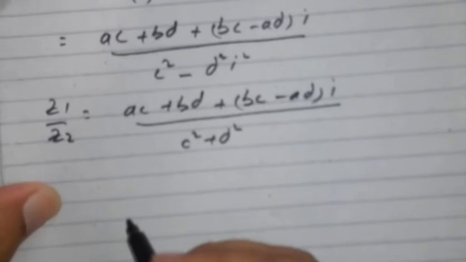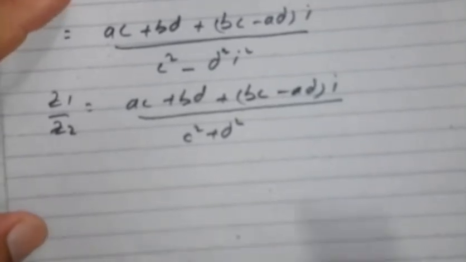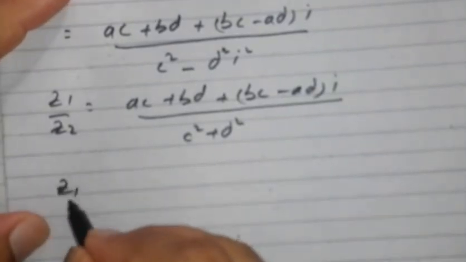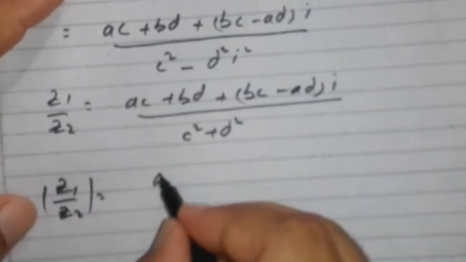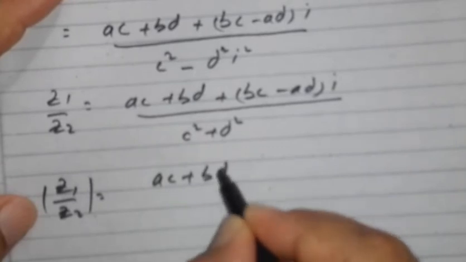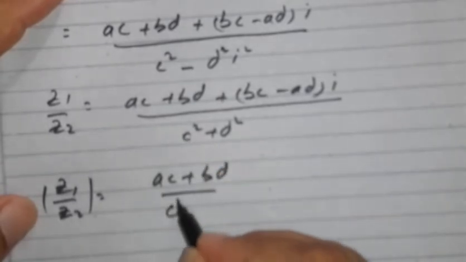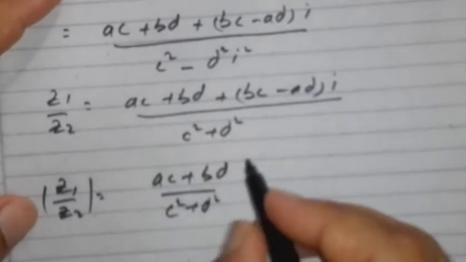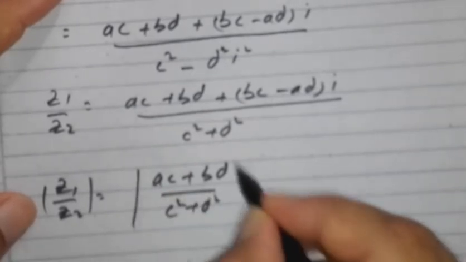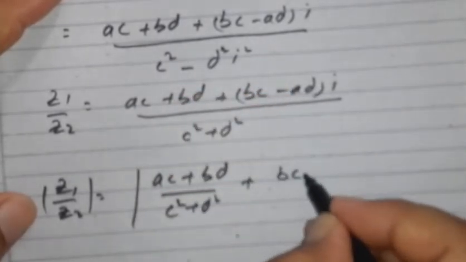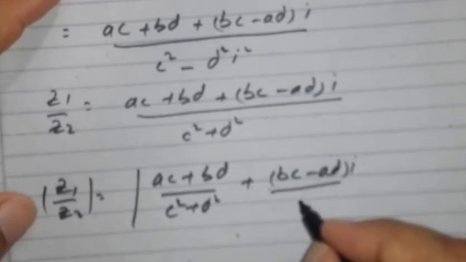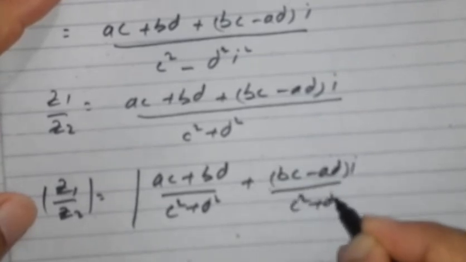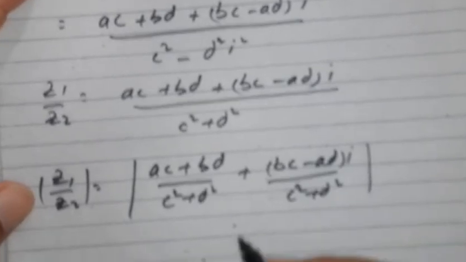Now take the absolute or modulus. z1 by z2 whole modulus equals (ac plus bd) divided by (c square plus d square), and I write it separately, (bc minus ad) iota divided by (c square plus d square), whole absolute.